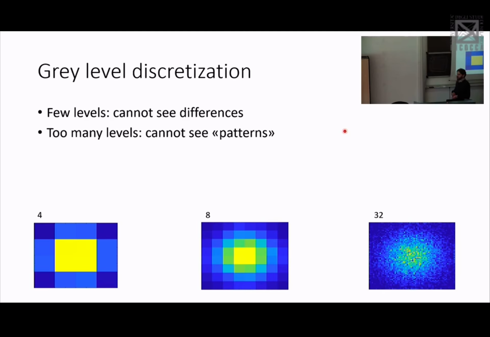But if we do this computation on 256 levels, this matrix will be 256 times 256, and it will be mostly empty, with a couple of points here and there which we cannot interpret. But at the other end of the spectrum, if we discretize our image using only 4 levels, we don't have any resolution to see anything.